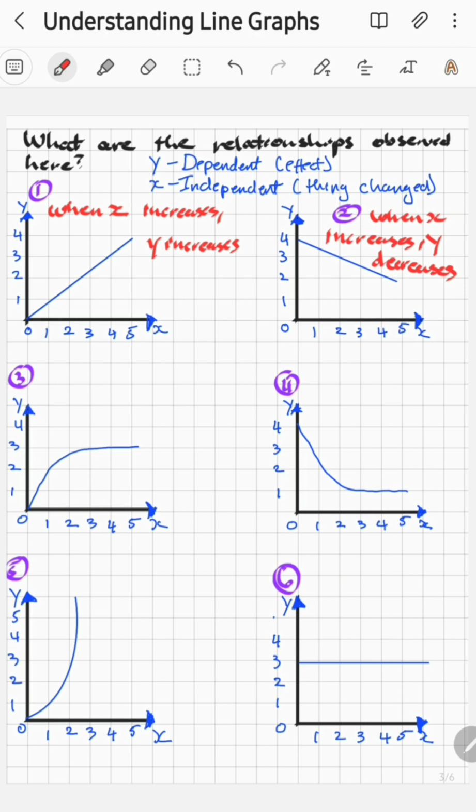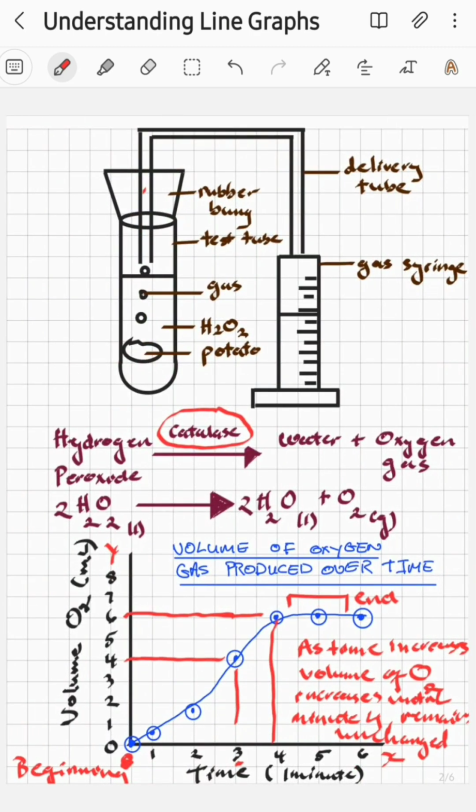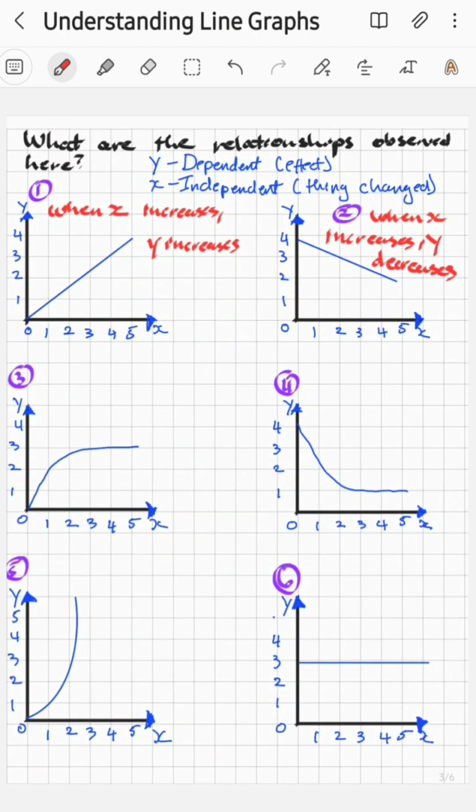What's happening in graph number 3? So graph number 3 is very similar to what we just looked at previously. So we see that as x increases, as the time increases, so does your y, which is the volume of gas here. Okay, so we can write it here.